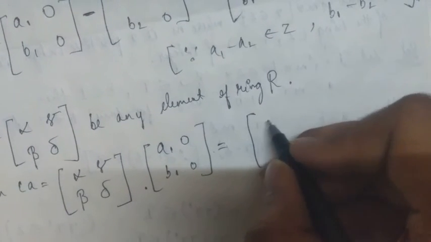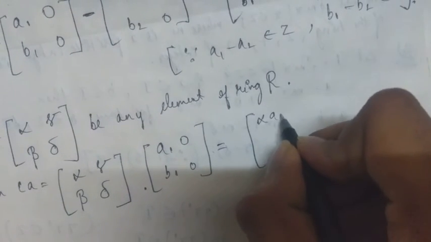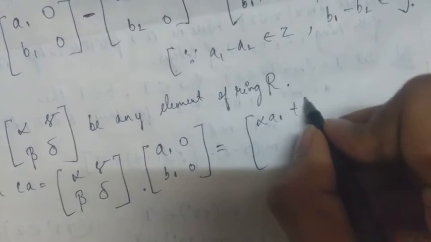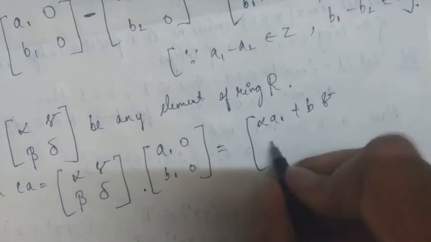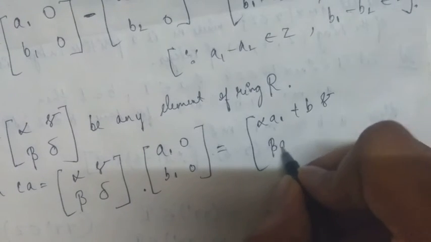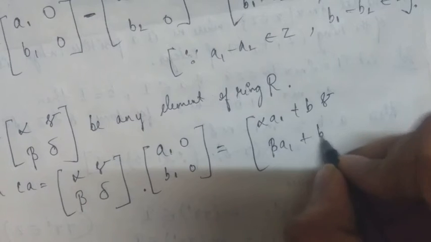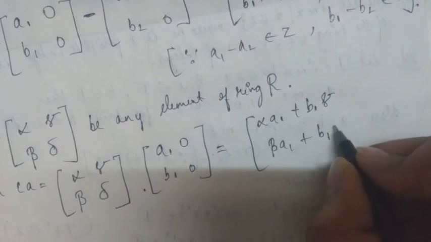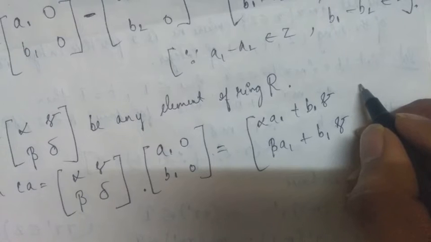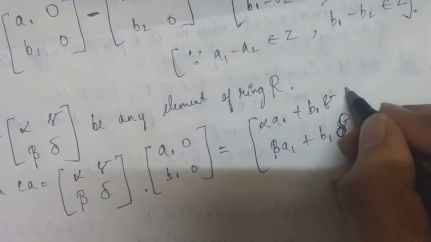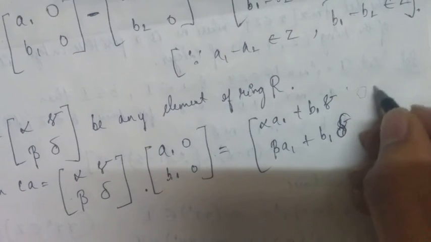If we apply matrix multiplication, we get alpha A1 plus beta A1 plus B1. Correction here, sorry, we get 0 here.